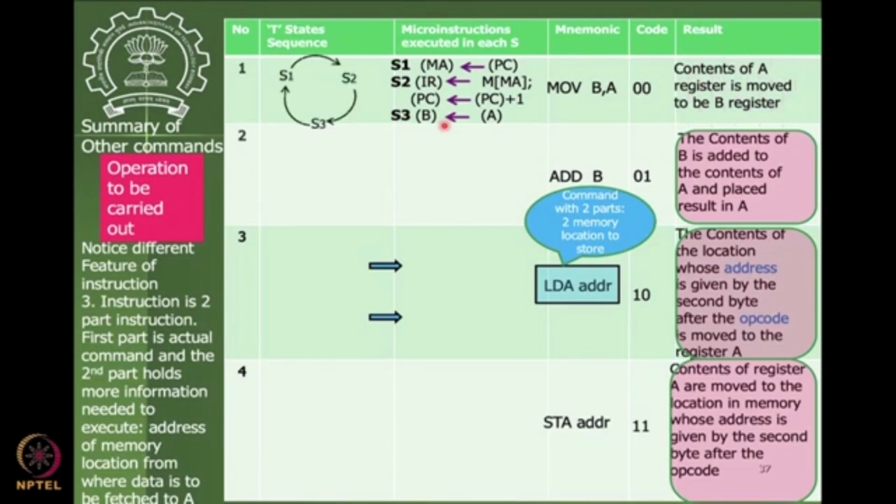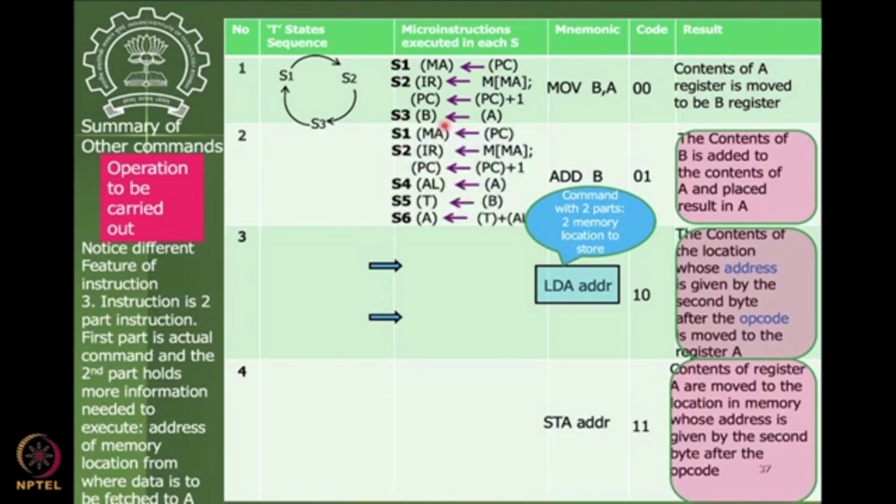So these are the three kinds of operations happening one after the other for the first command. Like that you can have the second command's operations, and what it does here, the result, and its code. So typically these are the things involved in every instruction in your instruction set.